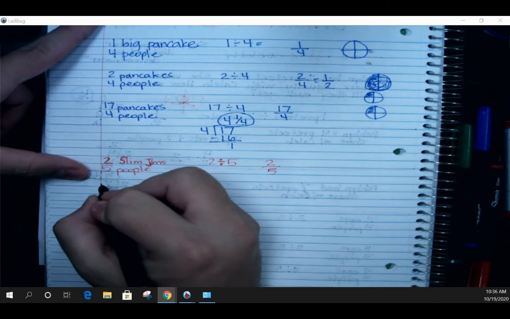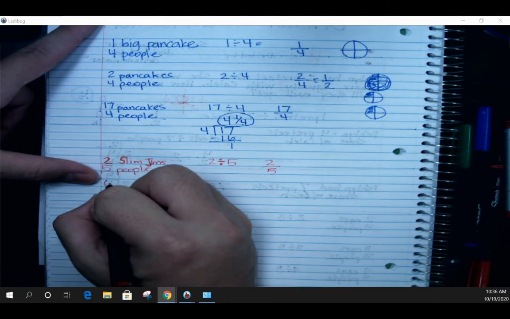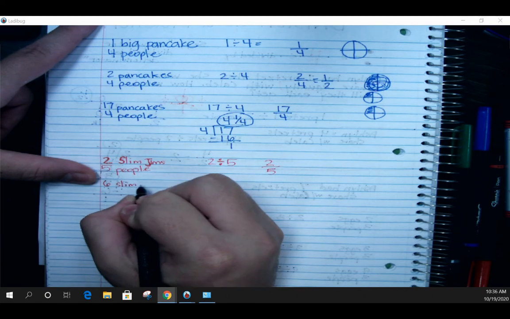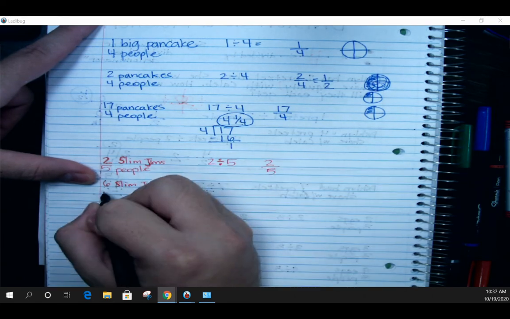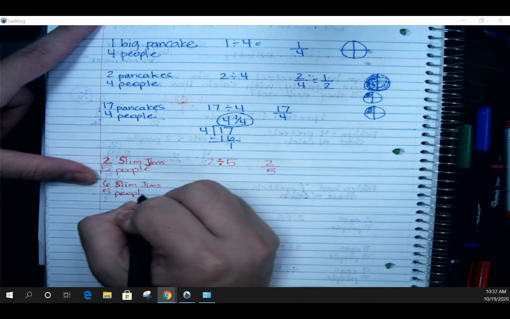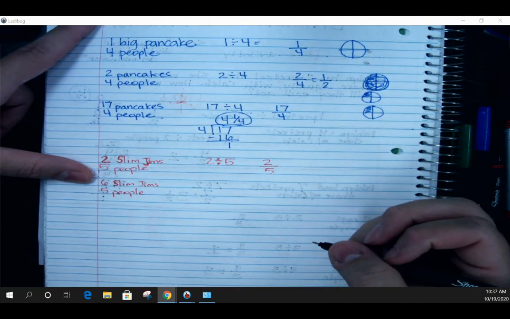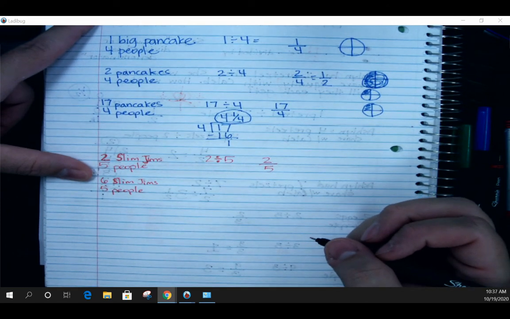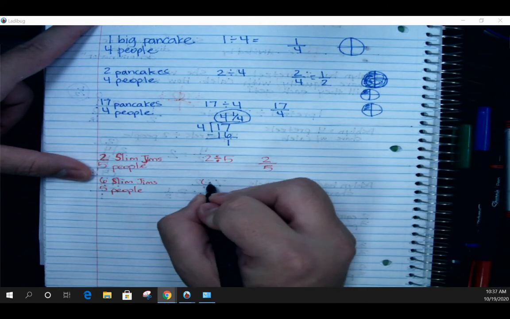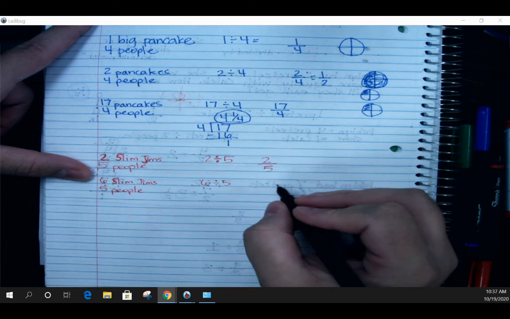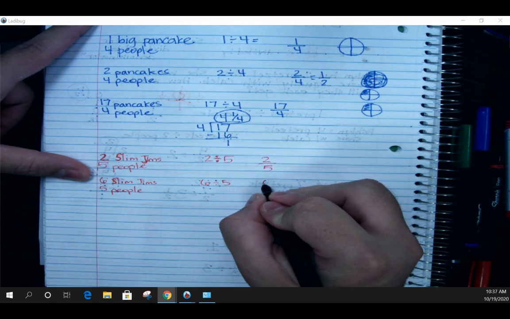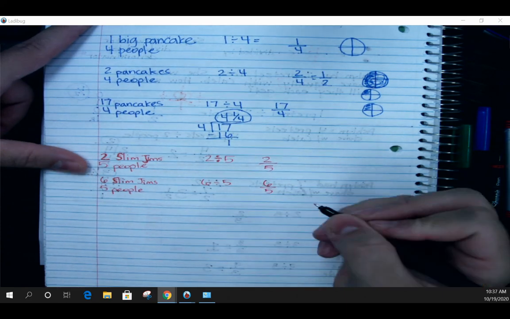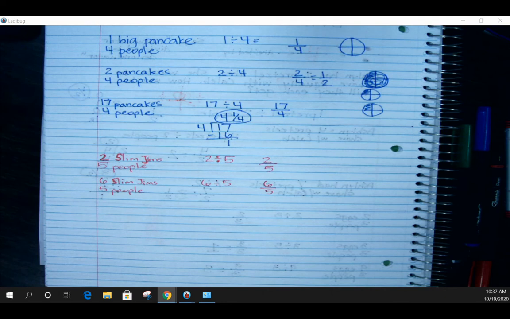What if I had 6 Slim Jims and 5 people? Tell me my division problem, Jocelyn. 6 Slim Jims divided by 5 people equals what fraction, Caleb? 6/5, or 6 divided by 5, or 6 over 5, or whatever.